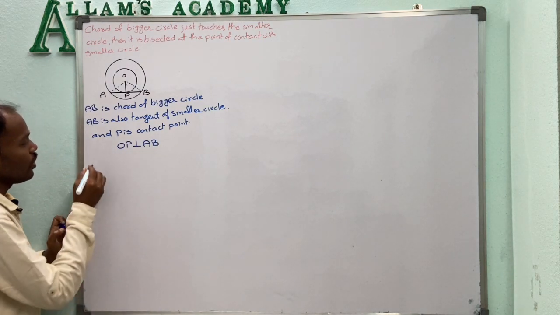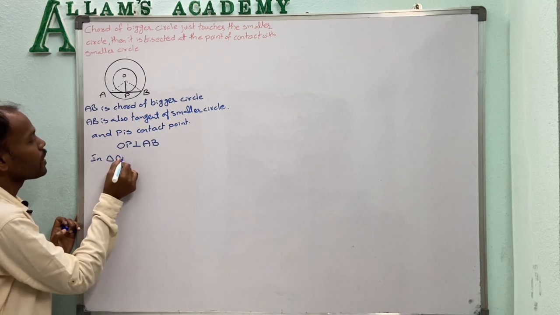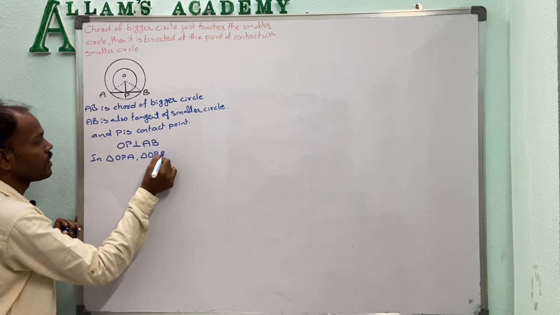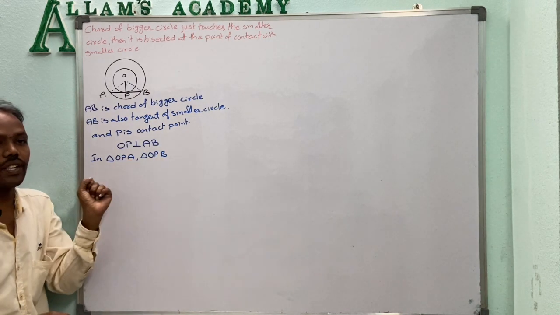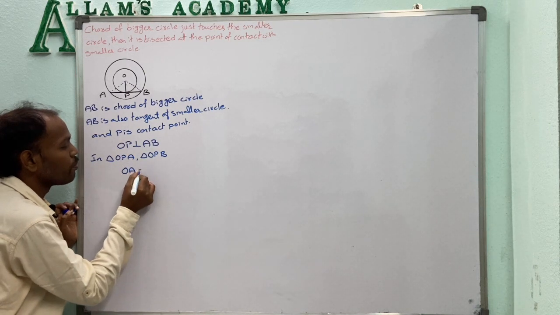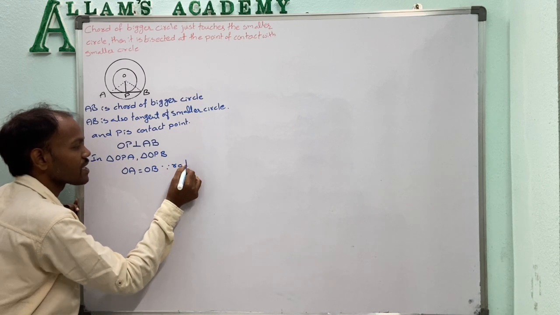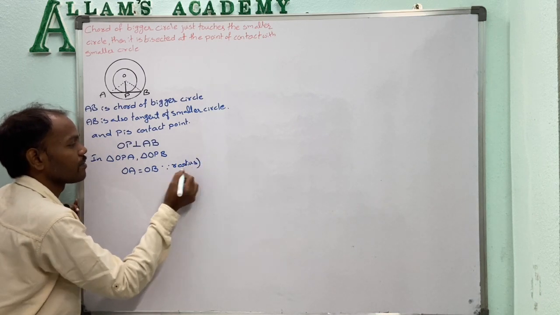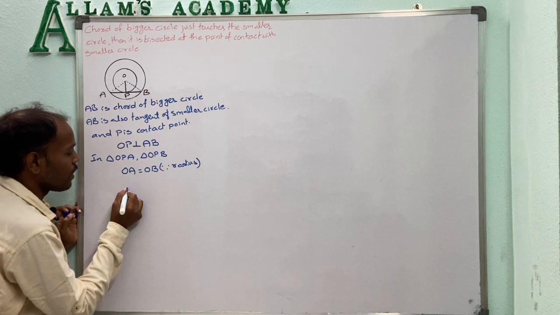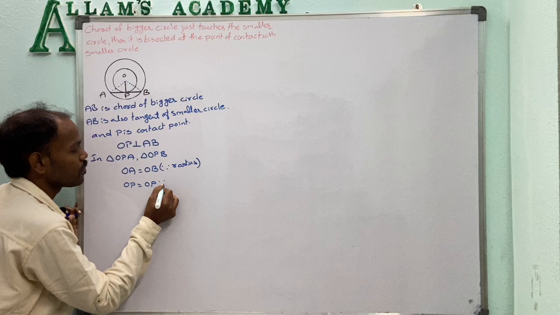Now if we compare triangle OPA and triangle OPB, in these two triangles, OA length and OB length are both equal. Why? Because they are radii. Next, OP is the common side for the two triangles.